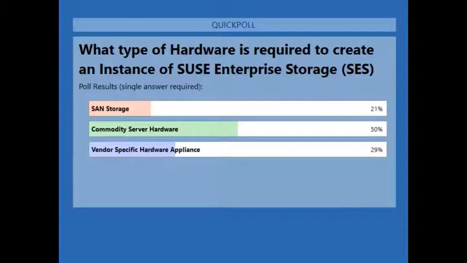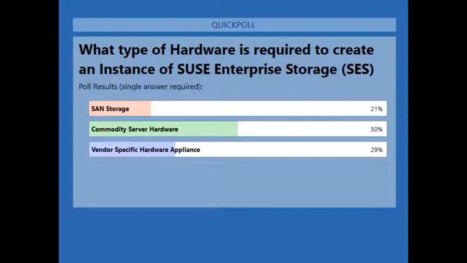You do not need any specific hardware appliance. I know there are certain hardware appliances that SUSE is trying to create for the Europe and US market, but that's more of a bundle rather than a mandatory requirement. So the correct answer would be any and every type of commodity server hardware. You can create a SUSE Enterprise Storage.